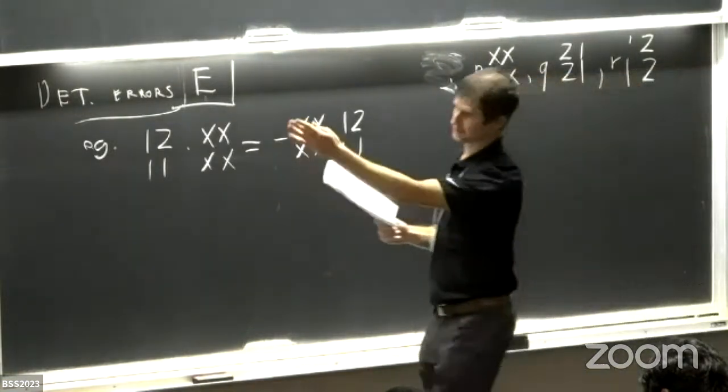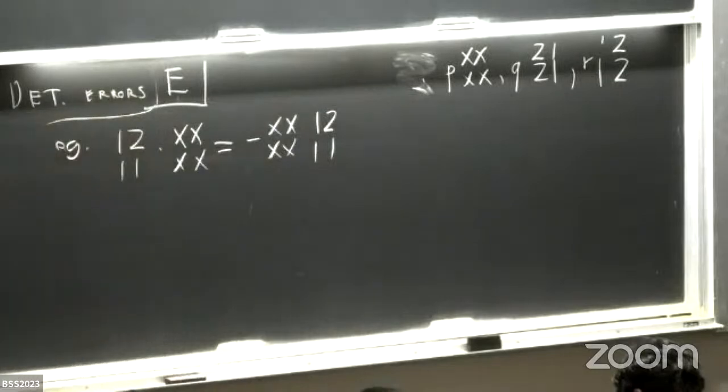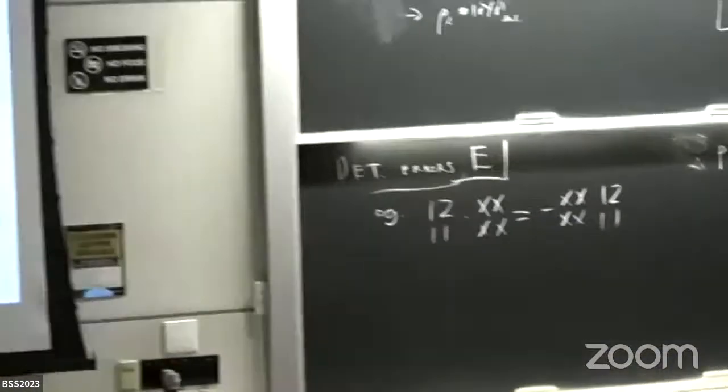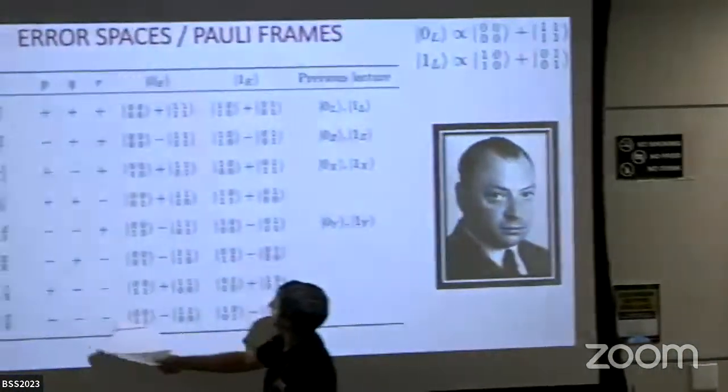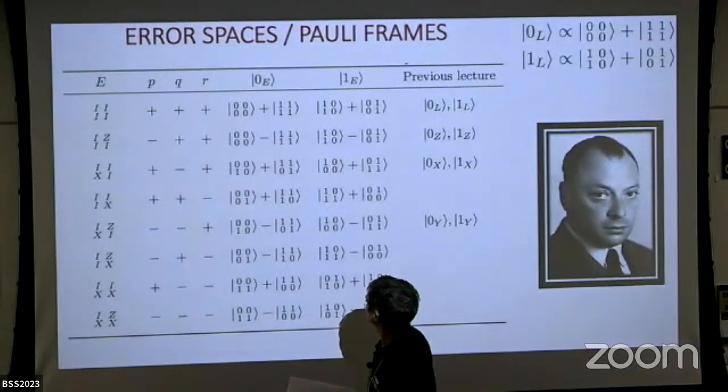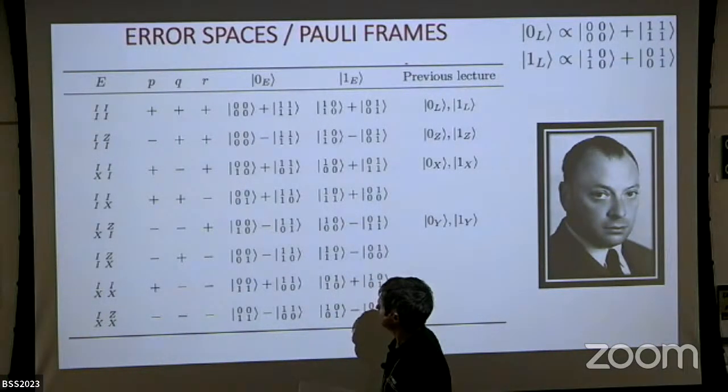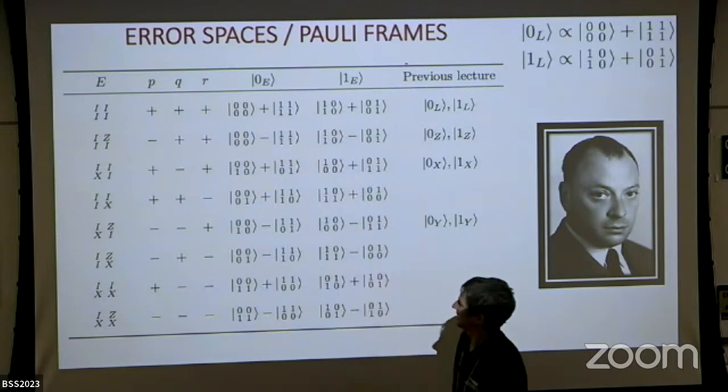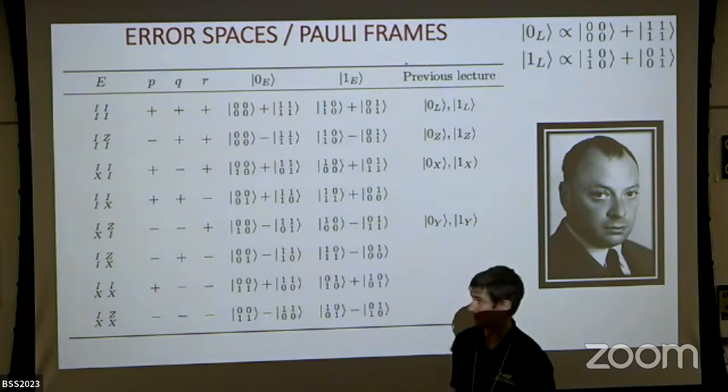And depending on which one of these the errors anti-commute with, that tells you also the eigenvalues. And so you have 8 error spaces and 8 different binary eigenvalues.